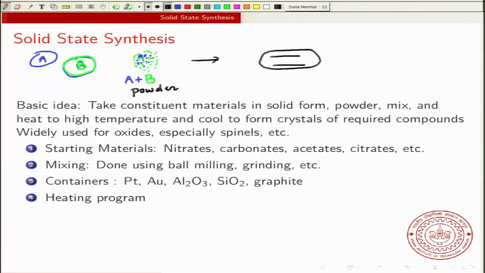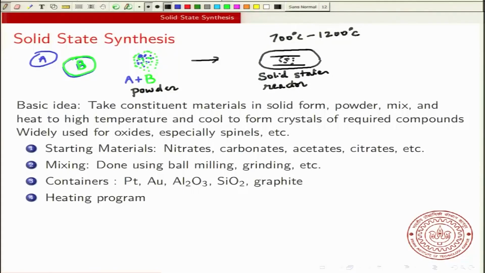So, this material is right somewhere here, and usually you heat it in the solid state reactor, and this is heated to maybe anywhere between 700 degrees centigrade to 1200 degrees centigrade, depending on the material that you want to synthesize.